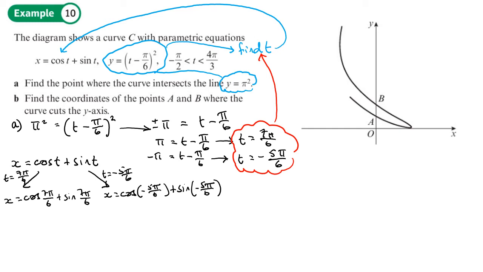Because we have pi there, we need to make sure we're in radians. So cos 7π/6 plus sin 7π/6. I get a fairly straightforward answer in a third, which is (−1 + √3)/2.